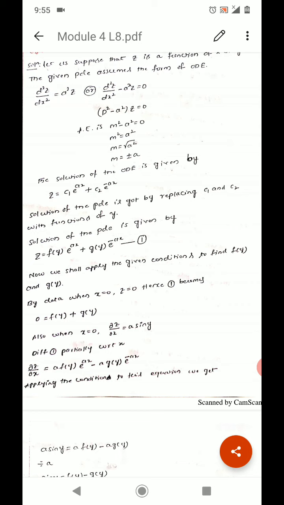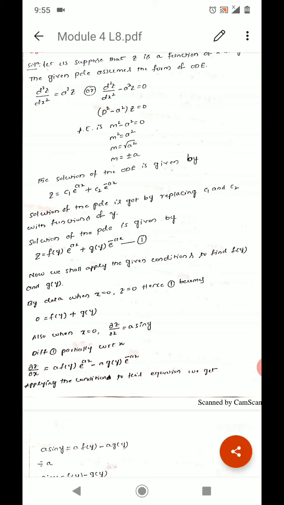Now replace the arbitrary constants c1 and c2 by the functions of another variable, that is y. Therefore, the solution becomes z is equal to f of y into e power ax plus g of y into e power minus ax. So this is equation 1.